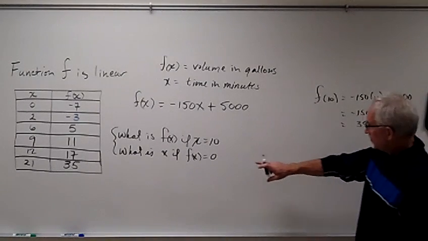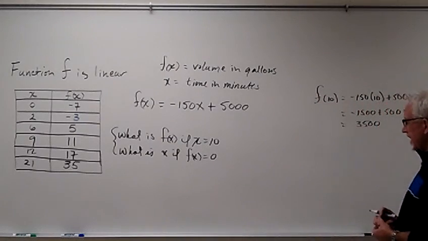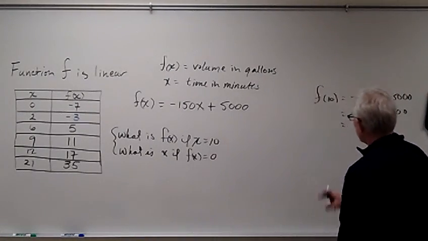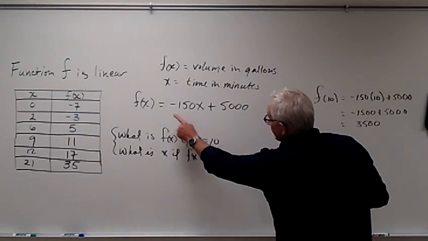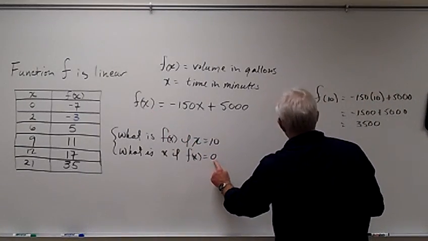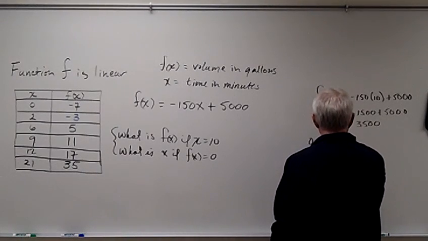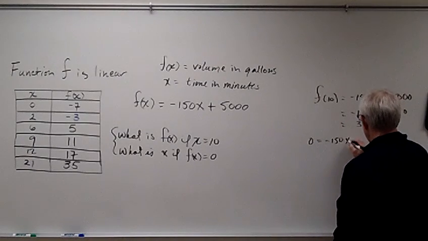Let's go on to answer this question now. What is x if f of x is 0? So notice we're given an f of x, and we can replace f of x in our equation with this value. So we have 0 equals negative 150x plus 5,000.